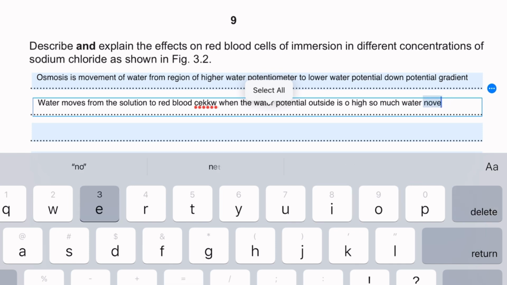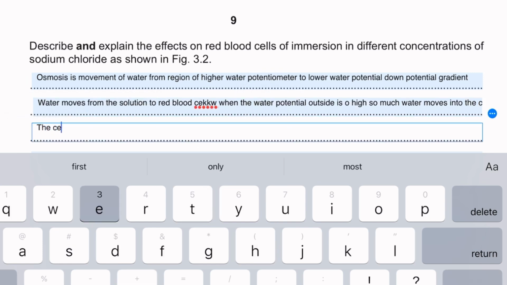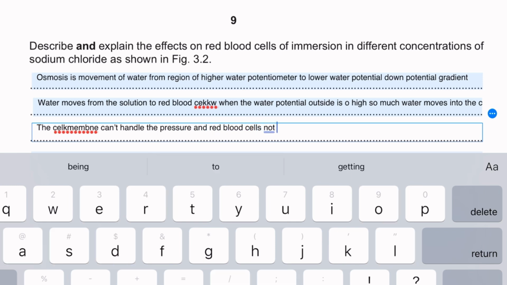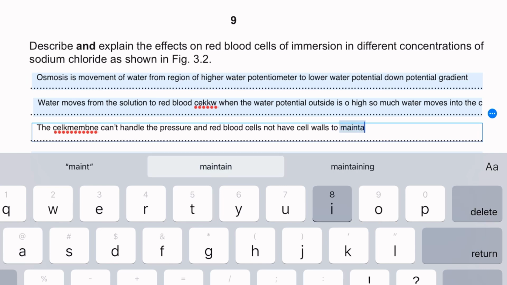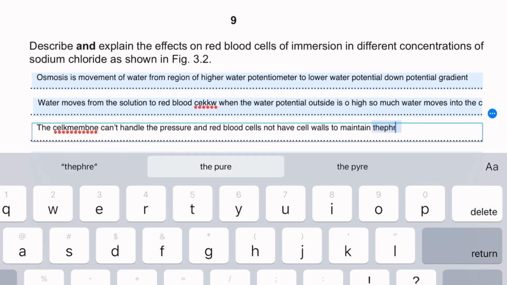So much water moves into the cell, which obviously the cell membrane can't handle the pressure, and red blood cells don't have cell walls to handle the pressure, and so cells burst. I'm really sorry about all the spelling mistakes. Now that's the explanation. I think we're good on explanation.